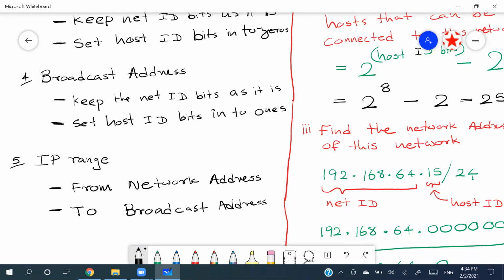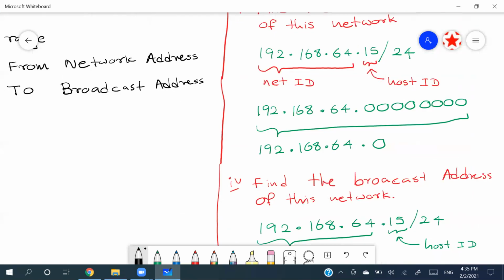Right, it is simple. So according to this particular example, the IP range will be 192.168.64.0 to 192.168.64.255, because it is the broadcast address.